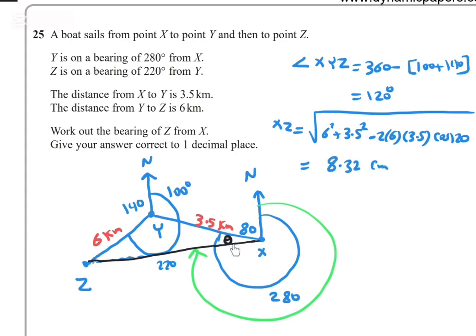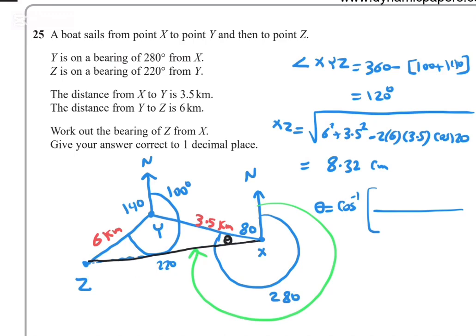Now in this triangle we have 3 sides, so we can find this angle theta with the cosine rule. So theta equals cosine inverse of a fraction. The adjacent sides are 3.5 and 8.32.